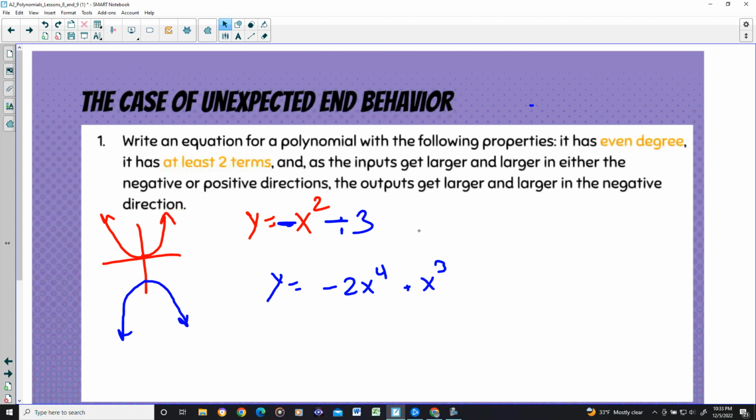Because with a very large x, a large number raised to the fourth power is going to be big and positive. But as soon as I multiply it by a negative, it's going to turn negative. And x to the third won't be able to overtake it because x to the third is much smaller than x to the fourth for large values. So this works as well.